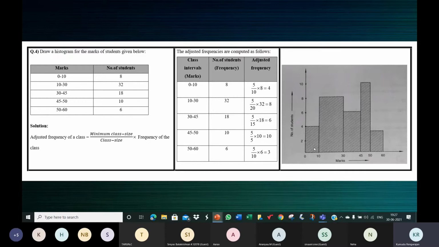But I also told you one thing, children. This is the origin. Now the first centimeter is marked 10. The second centimeter is 20. They have skipped that. The next one is 30. You can mark 20 if you want. But here what you see on the x-axis is strictly these values 0, 10, 30, 45, 50 and 60.